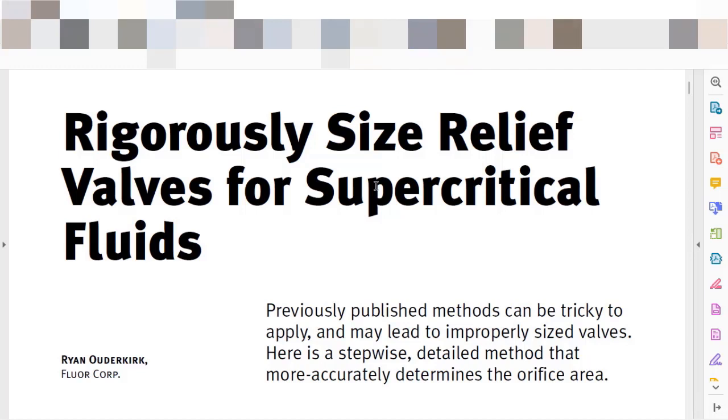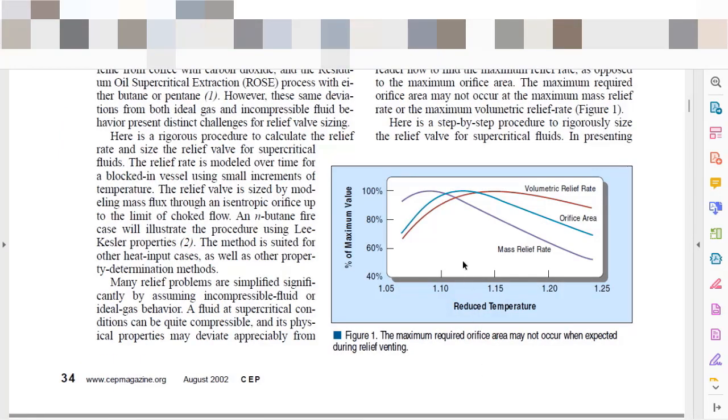With the properties of the fluid, it is possible to calculate the relief load, the heat flux, and based on that, do the calculations for the orifice. He has shown in his paper that the maximum orifice, or the orifice to be chosen, is not necessarily when we have the maximum mass relief rate or the maximum volumetric relief rate.